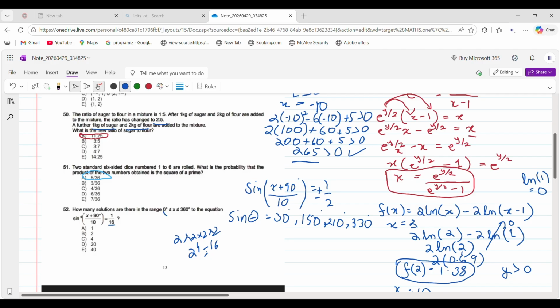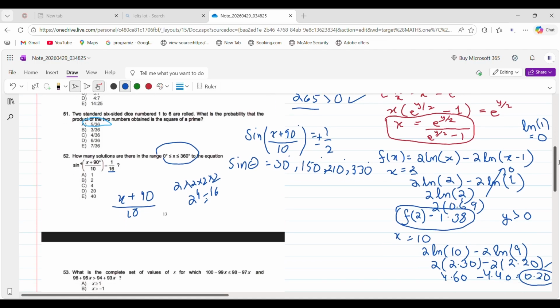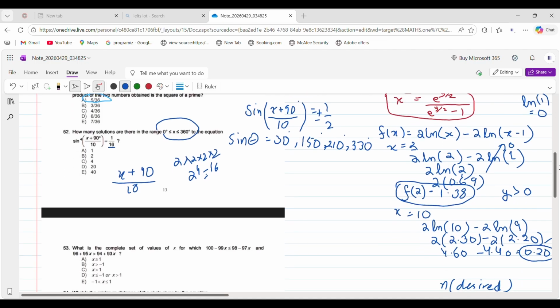Now let's see, my range is given this. So let's take this factor x plus 90 upon 10. Let's substitute 0 instead of x.